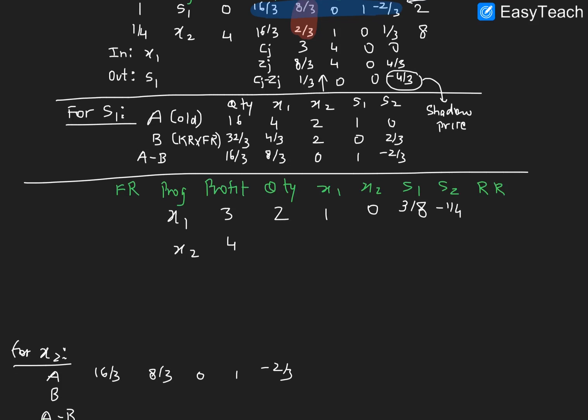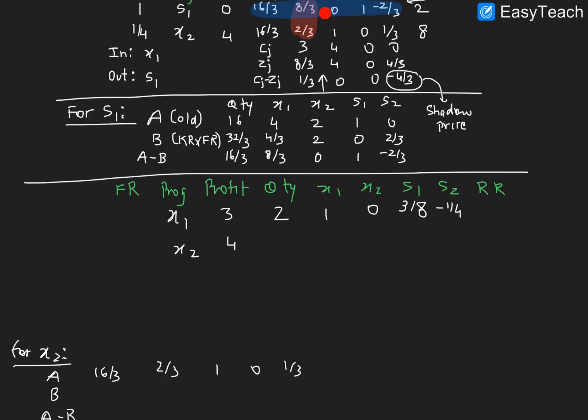Okay, my bad, old values are a bit different. Old values of x2 are 16 by 3, 2 by 3, 1, 0 and 1 by 3.